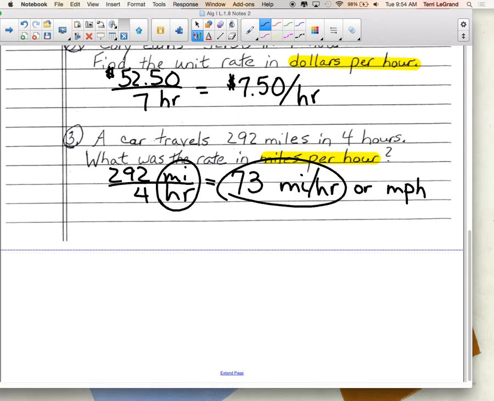So unit rates. The most important part about unit rates is to make sure that before you divide it out, you have them set up in proper order. Your answer is going to make sense, okay? So again, we don't typically go to the grocery store and see how many pounds we can get per dollar, do we?